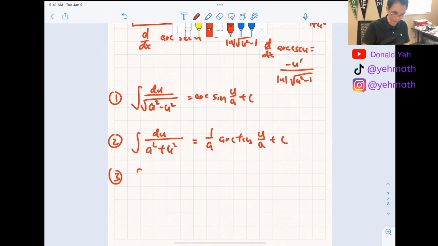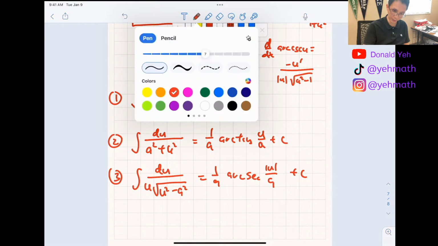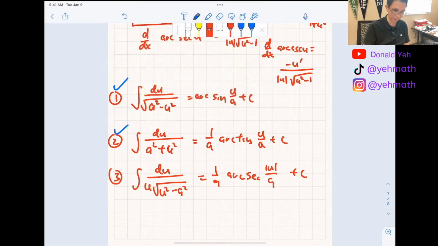The third one that you need to know, though it's not very often tested, so if you don't know it, it's not the end of the world, is equal to 1 over a arc secant of u over a plus c.